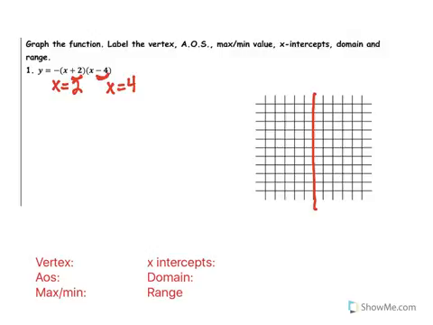Please, please, please go low. So draw your x-axis low. Oh, I forgot the negative sign. Pardon me.